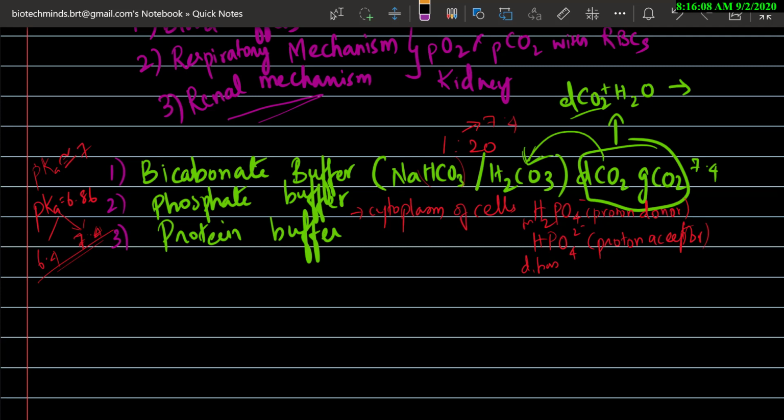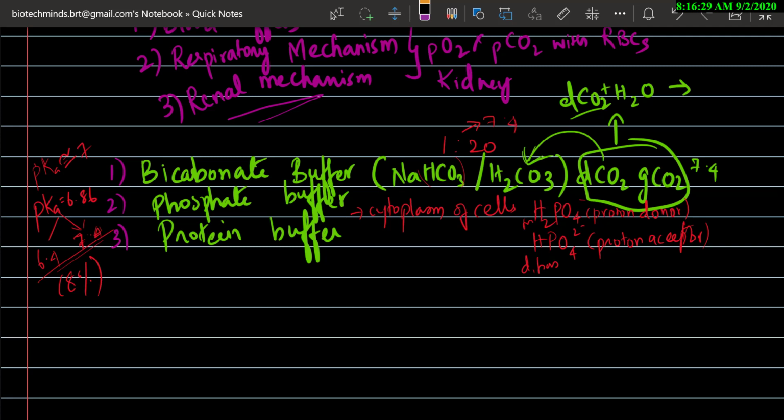And in blood also, apart from bicarbonate, this phosphate buffer also effectively maintains the blood pH, because it can go up to 7.4. So how much is the concentration of phosphate in blood? It is about 8%. So phosphate buffer exists in blood plasma at about 8%.